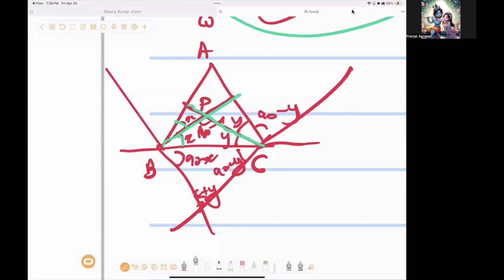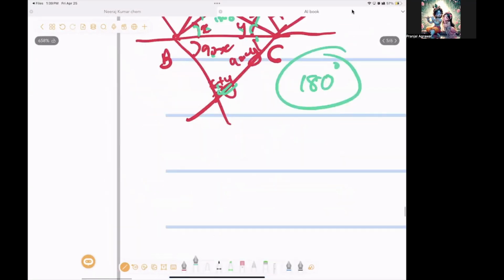So this is X, this is X, this is Y, this is Y. And if we take the external angle bisector, so this is X, this is 90 minus X, this is 90 minus Y. So by linear pair, this will be 90 minus Y. So this will be 90 minus X. So this will be X plus Y. And if you consider this angle, this is XY. So this is 180 minus X minus Y. The sum of these two angles is 180 degree. That means the quadrilateral is a cyclic quadrilateral.